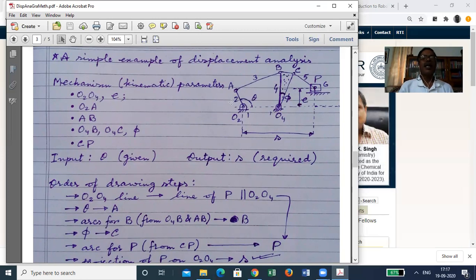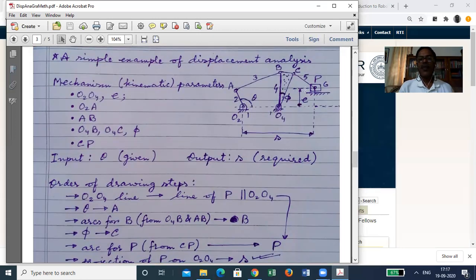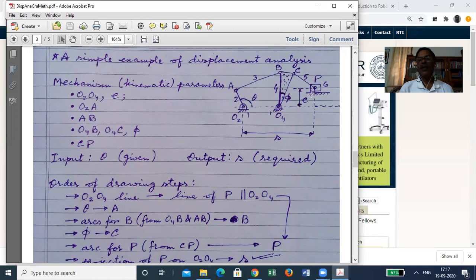So in this, what are the kinematic parameters? First of all, the description of the frame, that is this length, this distance O2O4 between the two fixed pivots, and this distance of the line of the output slider P from this frame line of O2O4. So that line is also fixed. So this much is the description of the frame. Then the link lengths.